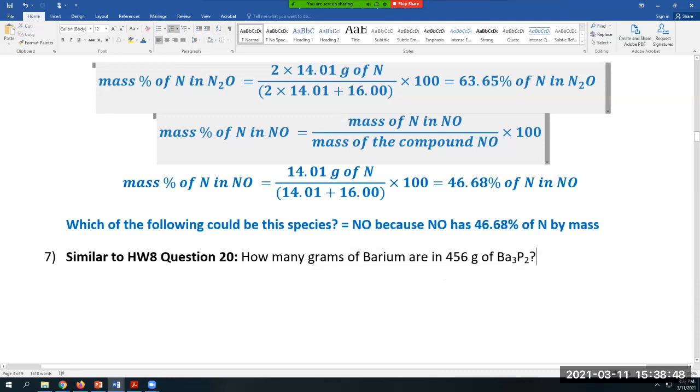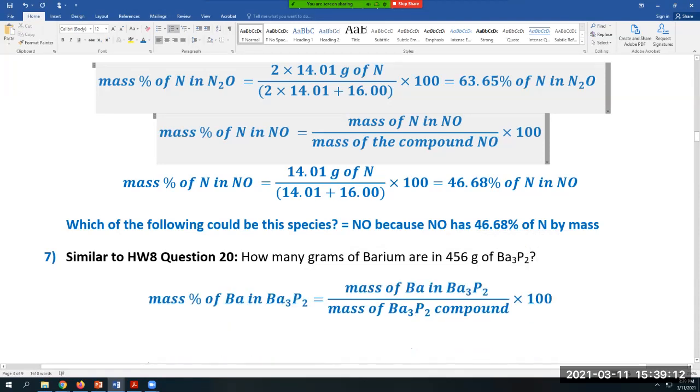If you know the percent by mass of barium in this compound, you use the formula to calculate the percent by mass of barium in Ba3P2. Then you can calculate the mass that you should expect of barium in this total mass of the compound. So let's calculate the percent by mass of barium in Ba3P2.